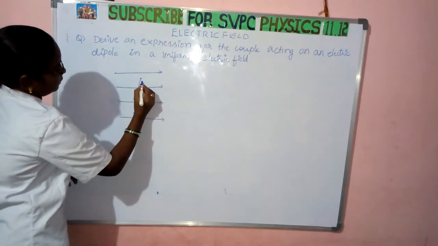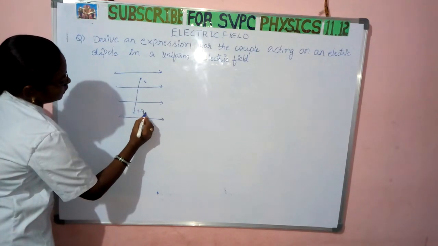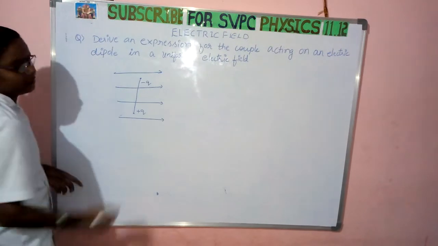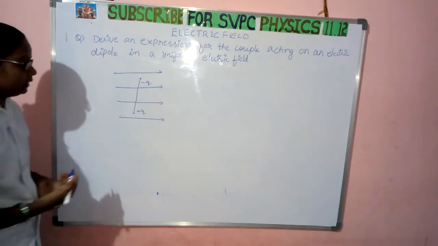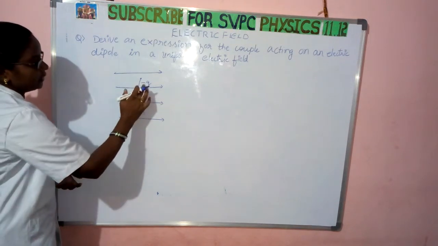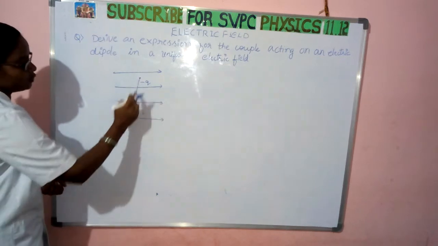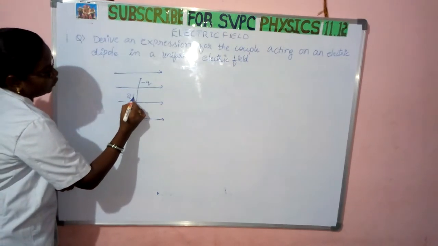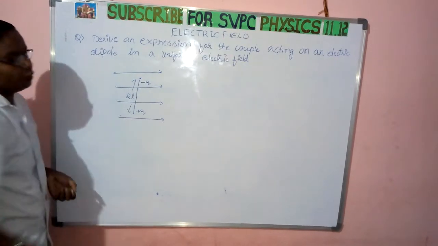Here I will place the minus q charge, and this is the plus q charge. What will be the force acting on this charge and on the other negative charge? These two charges are separated by a distance of 2L. From here to here the distance is 2L.